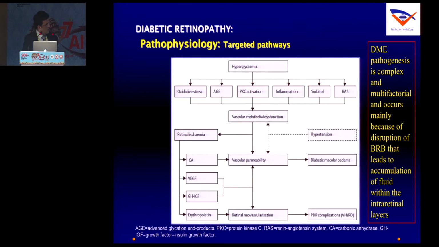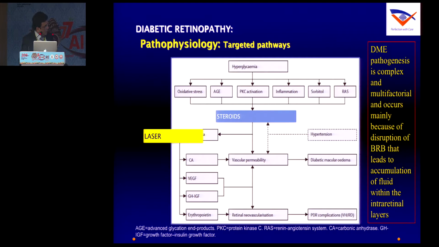We have numerous biochemical markers. I will not go into the details, but the triggering factor is hyperglycemia. This hyperglycemia leads to a cascade of events. There is a PKC activation, there is advanced glycation end product formation. So this basically leads to vascular endothelial dysfunction, and you can have retinal ischemia, so you treat it with laser.